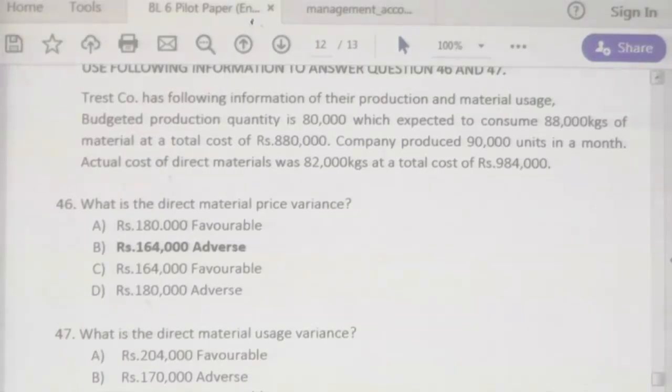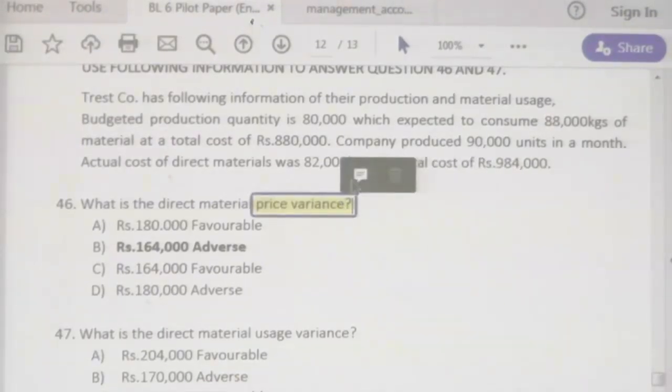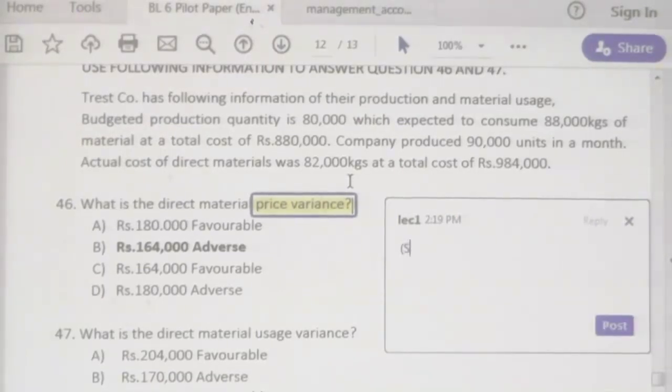I think you can remember that in the first video we discussed the variance analysis formulas for material, labor, variable overhead and sales. Now they are asking what is the direct material price variance. To calculate it, first think about the formula: standard price minus actual price, into actual quantity.